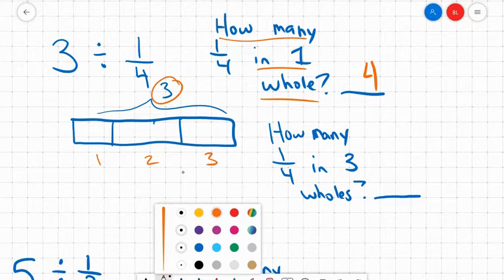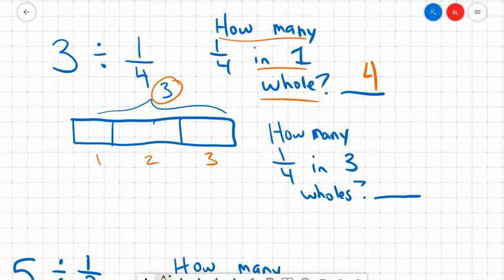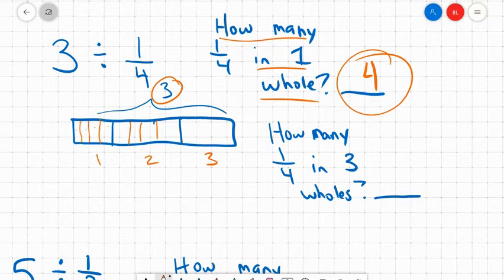So now I'm going to divide each of these pieces into 4 more pieces, because there are 4 fourths in 1 whole. So there are 4 pieces there, 4 pieces there, and 4 pieces there.